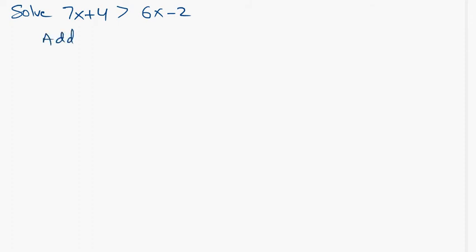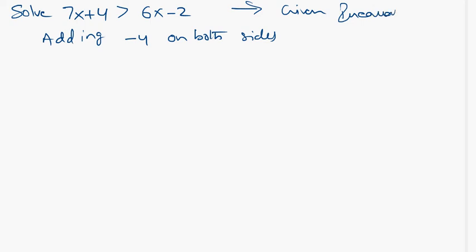Adding -4 on both sides. So given inequality, 7x plus 4 is greater than 6x minus 2. That's the original inequality. You're adding -4. You are either adding -4 or subtracting 4 from both sides. It's the same.